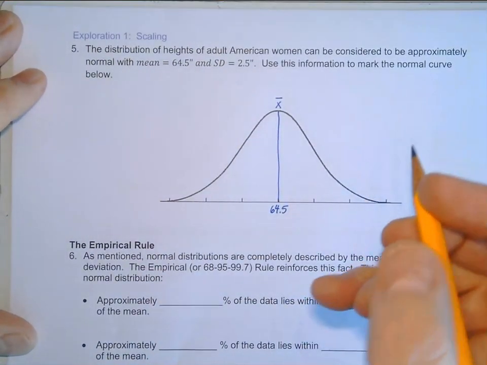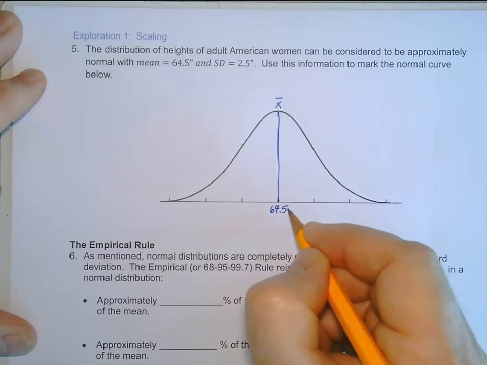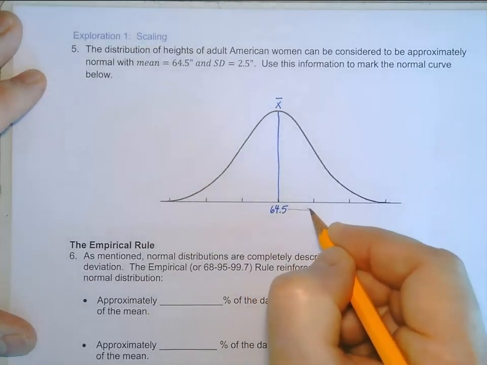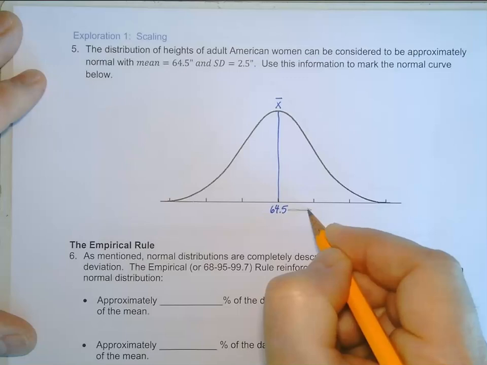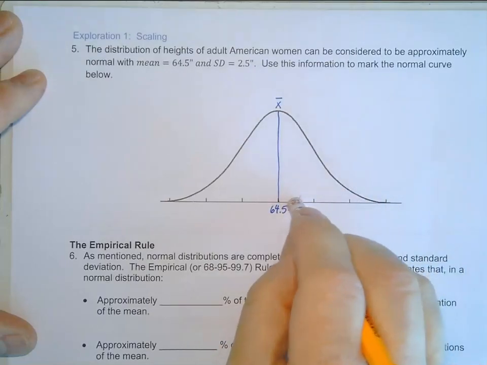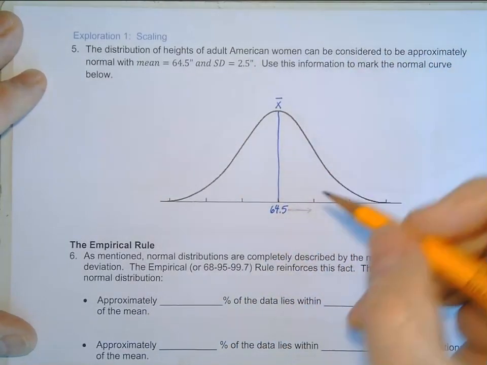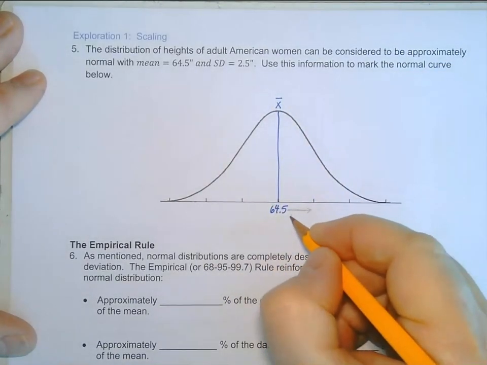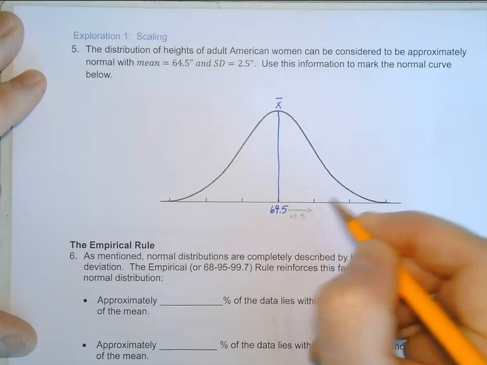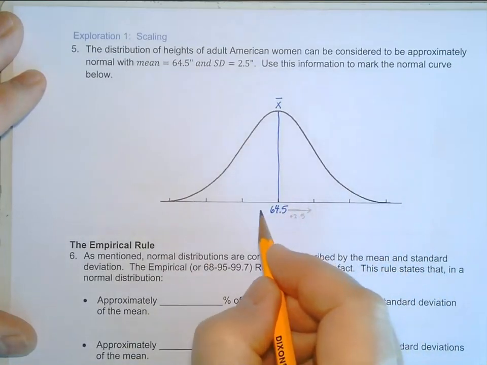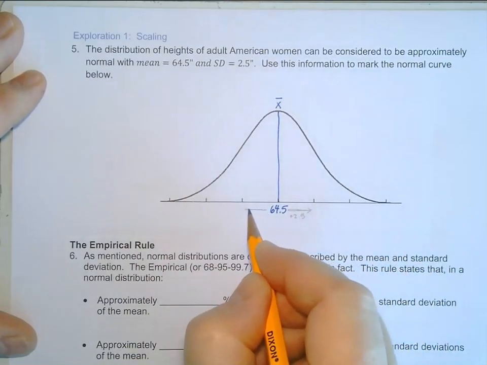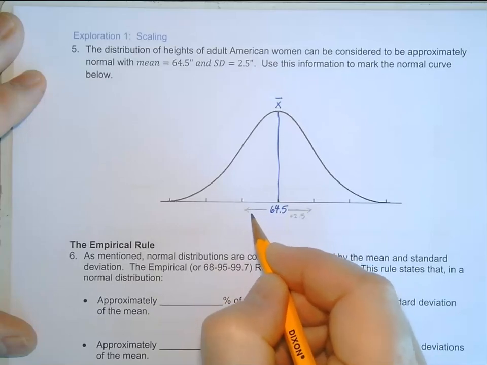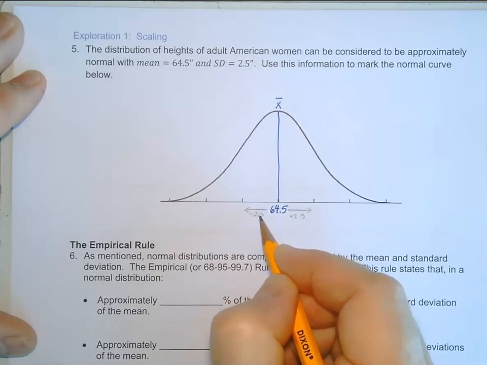So if I go out here, this is going out 1 standard deviation. That means I'm going to add 2.5 here. And if I go this way, I'm going to subtract 2.5.